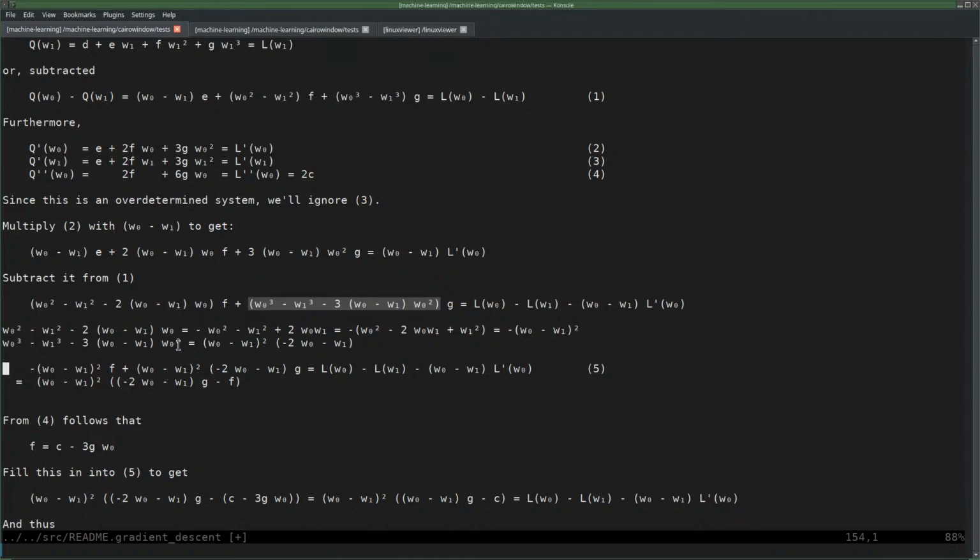So then I can replace that with W0 minus W1 squared times minus 2 times W0 minus W1, all times G. Equals, and then just what is written there still. So 5 seems correct as well.